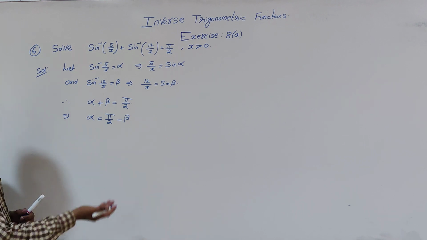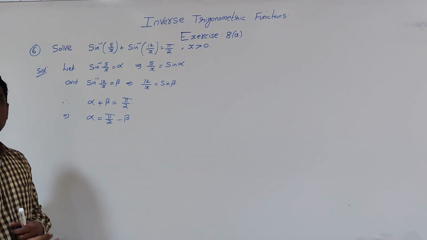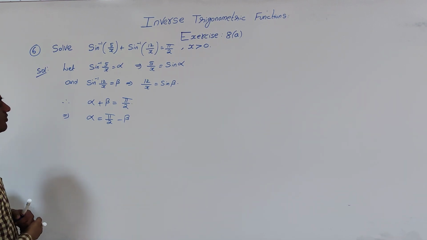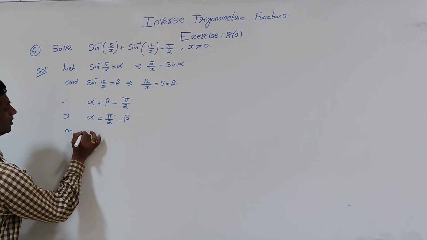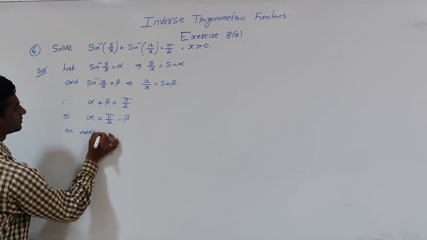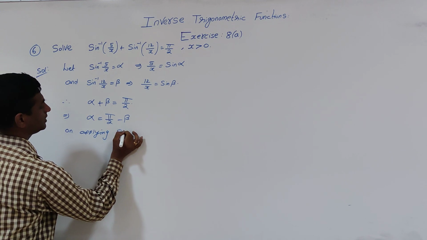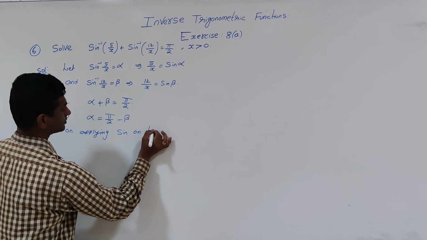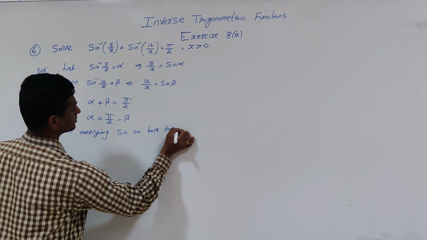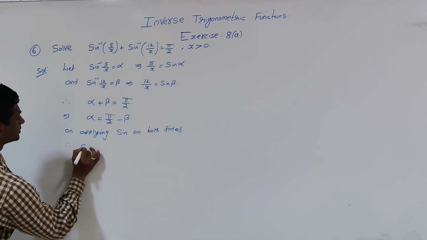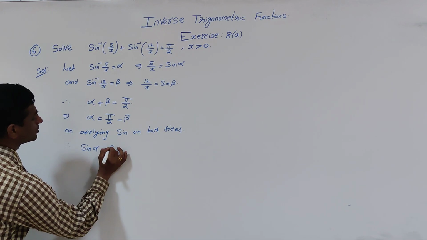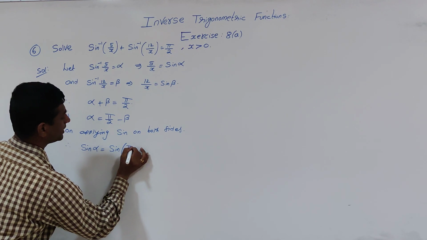You can apply sine or cos on both sides. So we'll go for applying sine on both sides. That is sine alpha is equal to sine of pi by 2 minus beta.